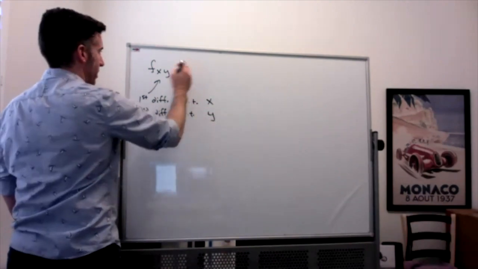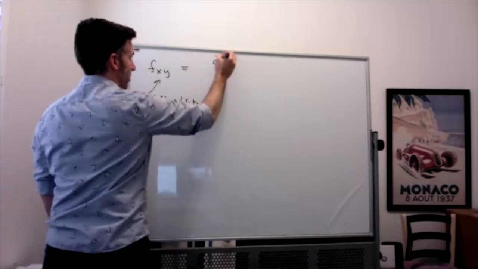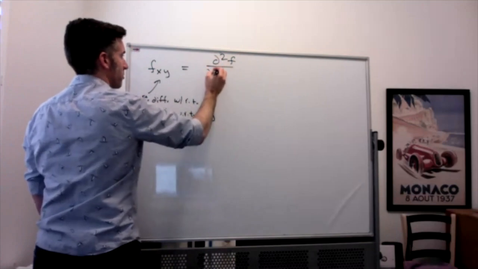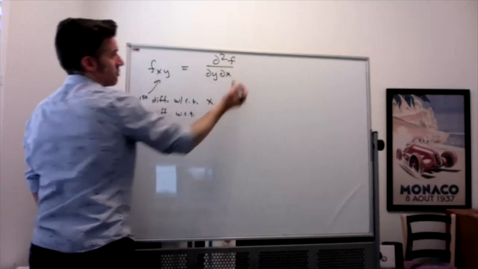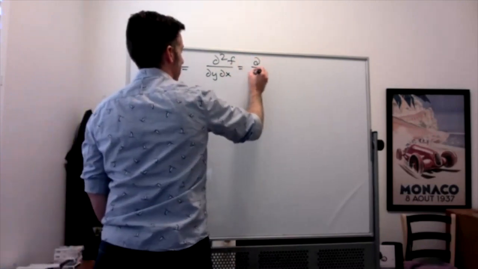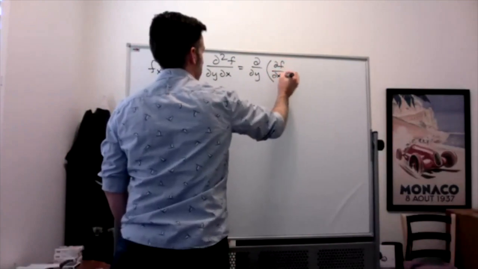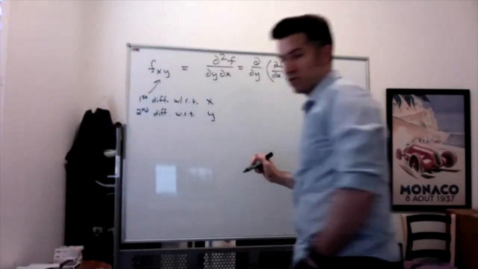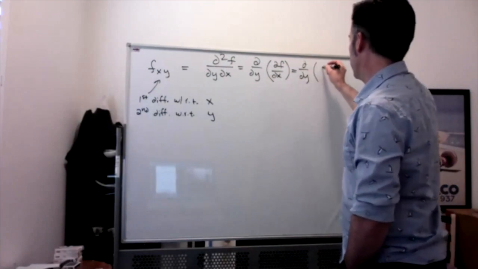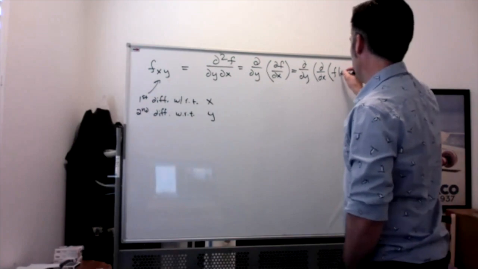And we write that in this notation that way, but in the Leibniz notation, we write it this way, which means del del y of del f del x. Or we could even space it out even more as del del y of del del x of the function f of x, y.